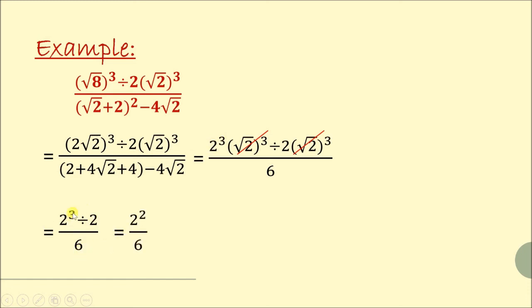Then 2 to the power 3, 2 to the power 1, because there is no power, we already know it's 1. 3 minus 1 is 2. So 2 to the power 2 over 6. 2 to the power 2 is 4 over 6. And dividing both numbers by 2, we get 2 over 3. And this is the simplest form of this large expression.